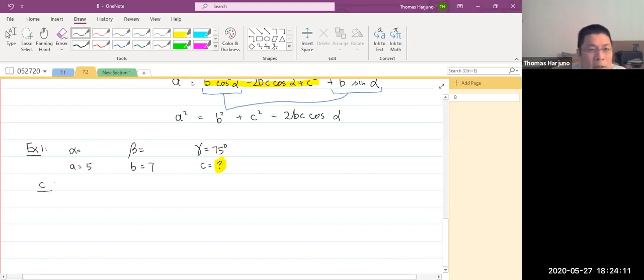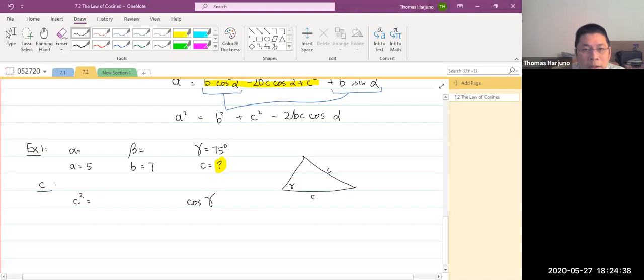Side C will be C squared here. Notice that if you have C squared on one side of the equation, then on the other side you must have the cosine of the corresponding angle opposite side C, in this case cosine alpha. So not only in the triangle are they opposites, in the equation also they are opposites.